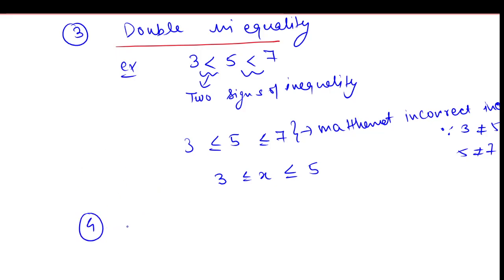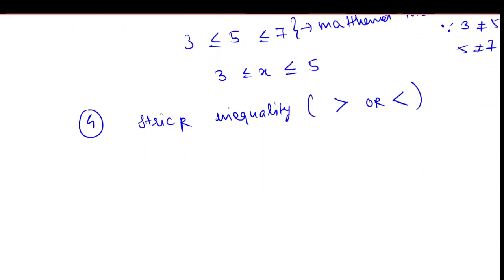Fourth is strict inequality. Any inequality which comes with a sign of less than or greater than is called strict inequality. So standard forms are ax plus b is less than 0 and ax plus b is greater than 0.